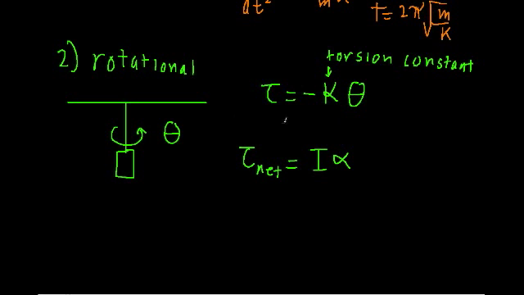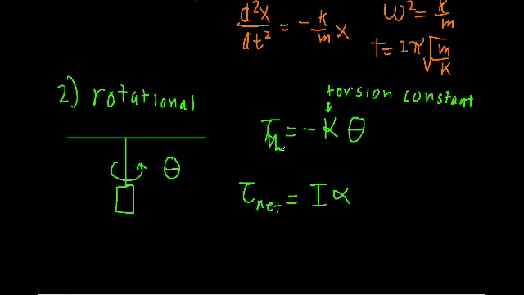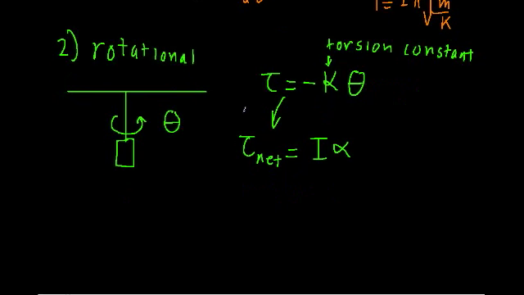And since this is the only torque, we can just plug that in right here. So we get negative kappa times theta is equal to moment of inertia I times our angular acceleration, which I'm going to rewrite as the second derivative of theta with respect to time.